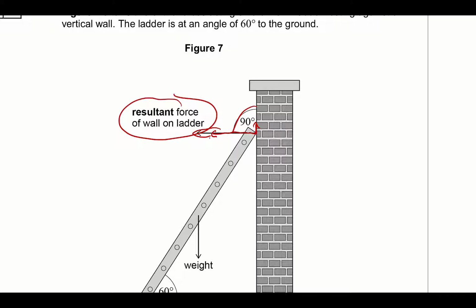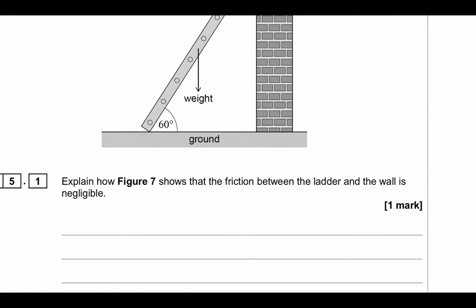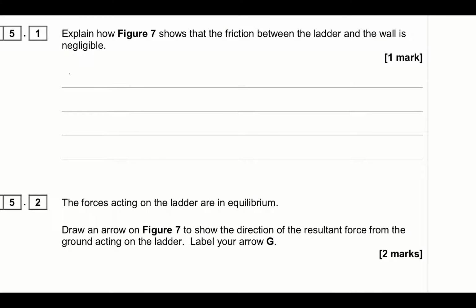If there was a vertical component, it would be angled up, not at 90 degrees, not normal to the wall. If there was some component of friction, it wouldn't be at 90 degrees. It would be 89 or 85, depending on how much friction there was.